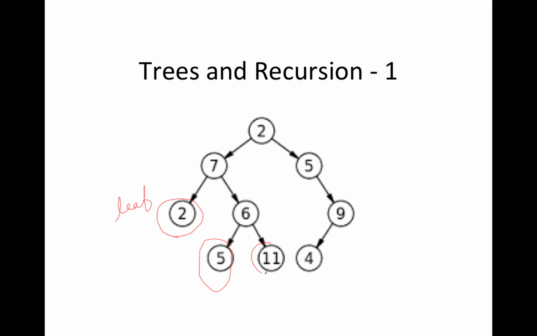So these two nodes are child nodes, while 6 is the parent node. And a node that does not have a parent node is called the root node.